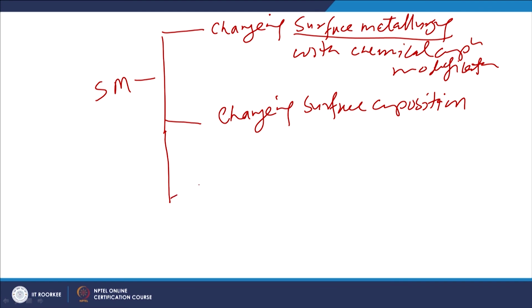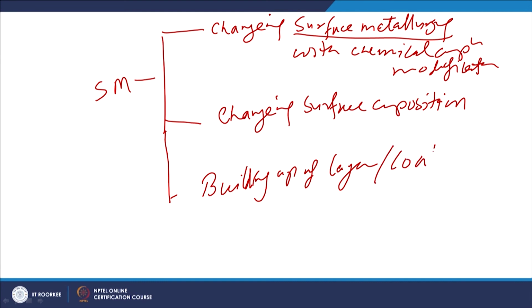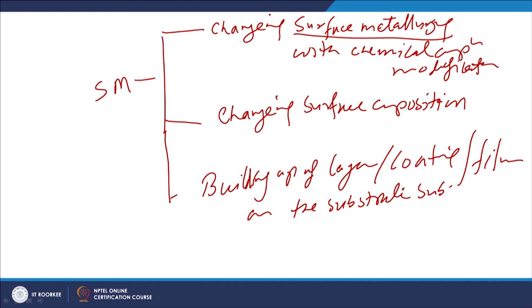And the third is basically building up of a layer or coating or film on the substrate surface, so that the required surface properties are developed for improving the tribological life of the component.